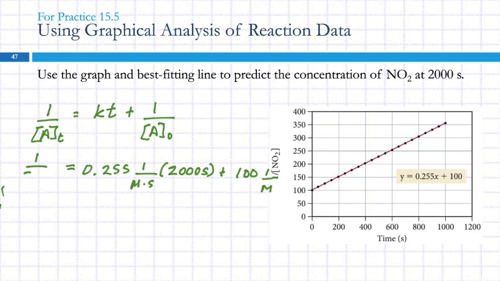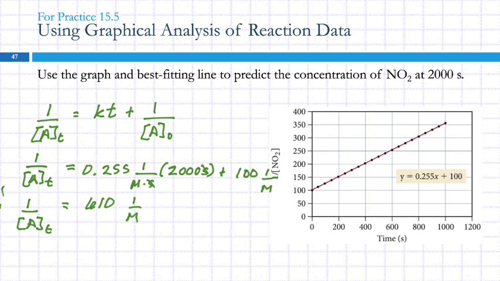This is equal to 1 over A. So 1 over A is 0.255 times 2,000 plus 100, which equals 610, and the unit would be 1 over molarity.